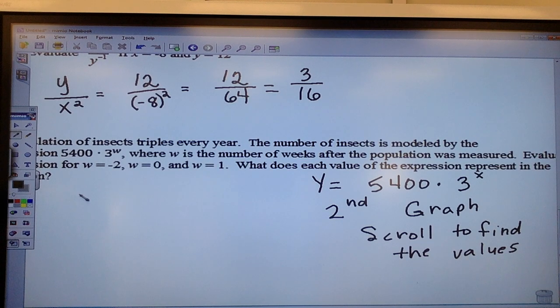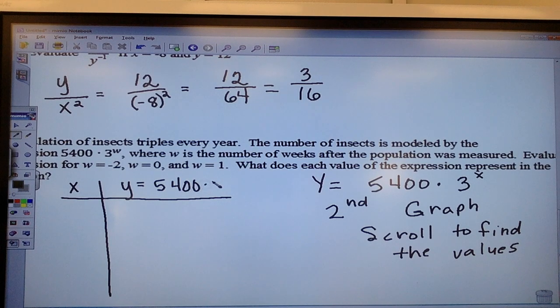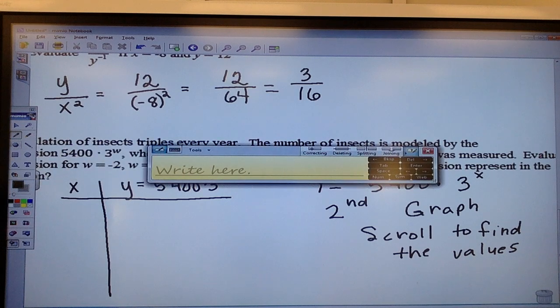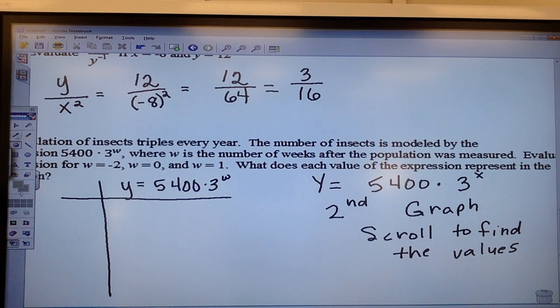Now, of course, another way to do it is sometimes it's a little neater to actually make a table. And we'll change this to W. So they asked us to evaluate at -2, 0, and 1.